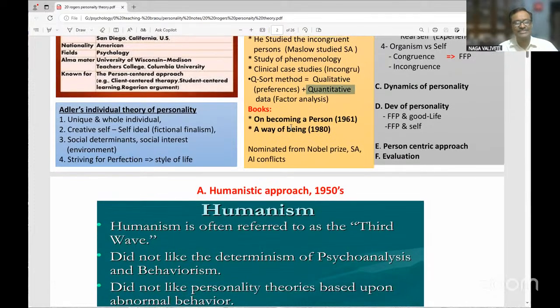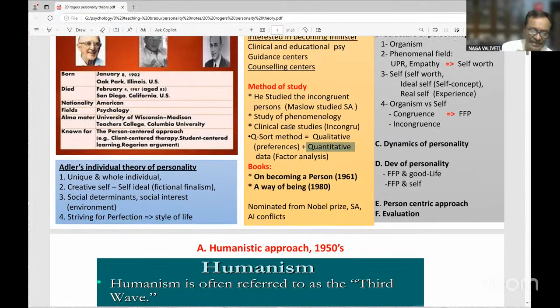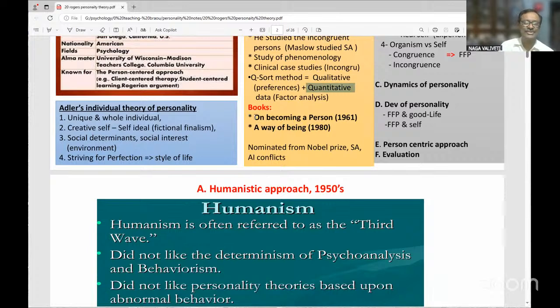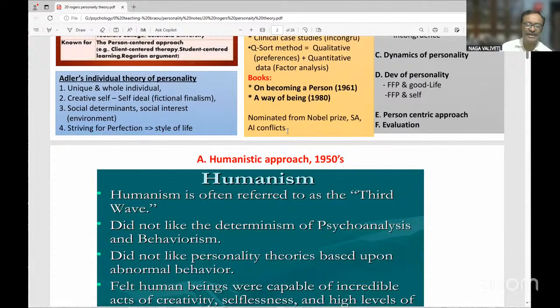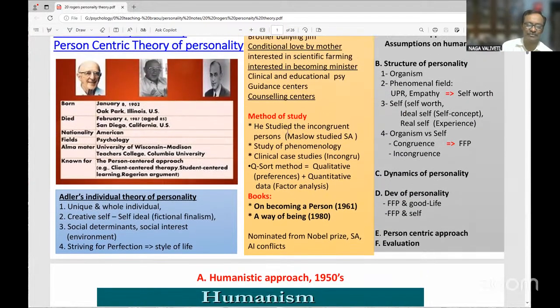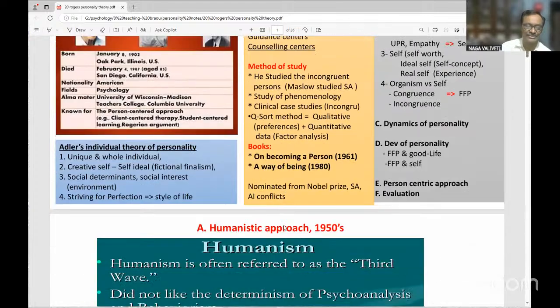He took both types of data. His famous books are On Becoming a Person and A Way of Being. He was nominated for the Nobel Prize for his humanistic approach to psychology in the South Africa and American internal conflicts.